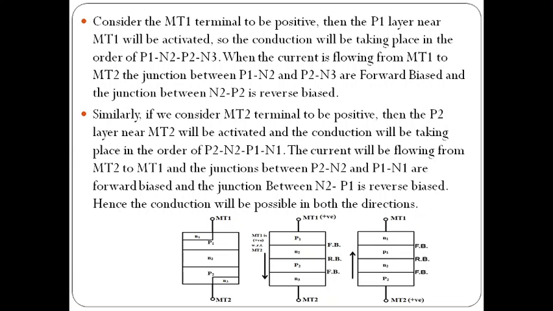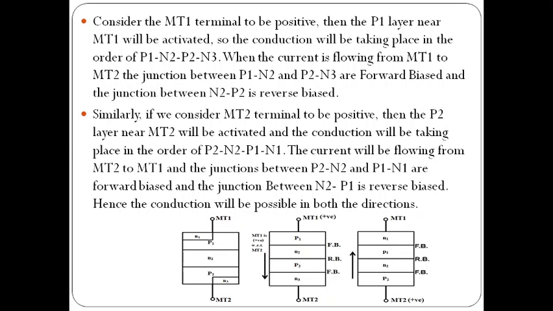So the N3 P2 junction becomes forward biased. The middle junction N2 P2 becomes reverse biased. So the conduction takes place in this device in the path of P1, N2, P2, N3. Yes, so it is mentioned in this diagram also.